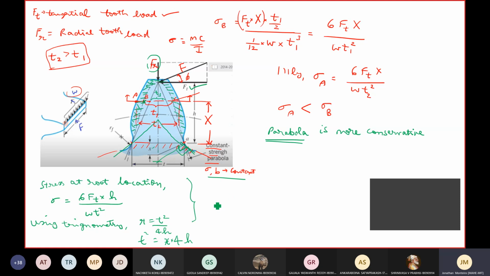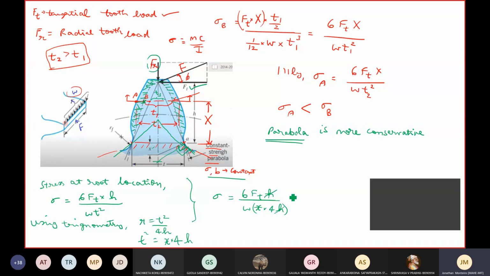What will you get? You will get sigma is equal to 6 into Ft into h by, this is W, t square is x into 4h. I'll slightly modify this. h will get cancelled in this particular equation.